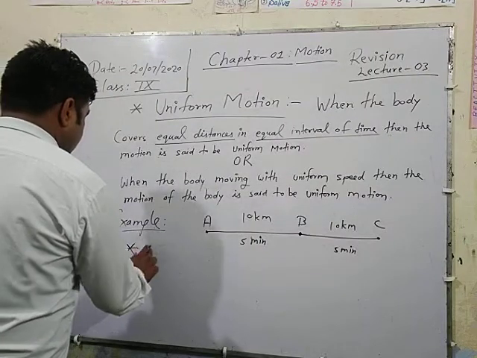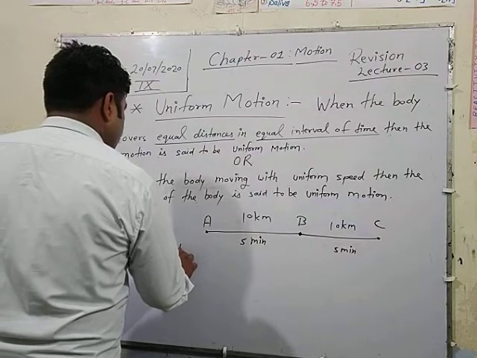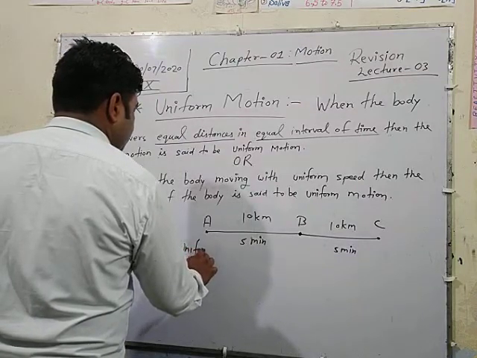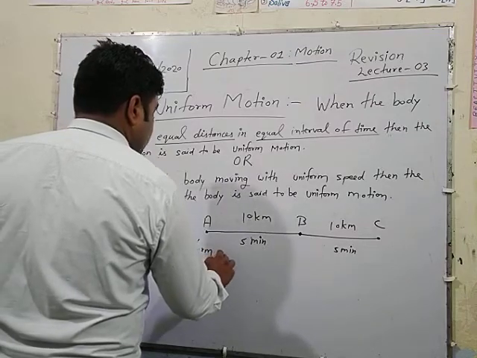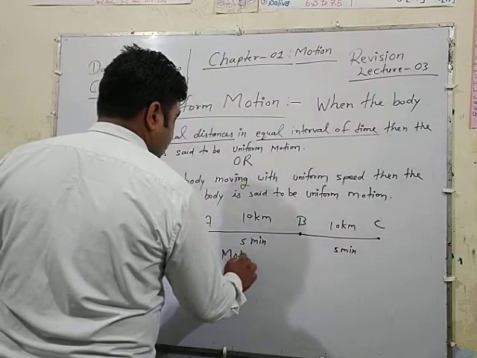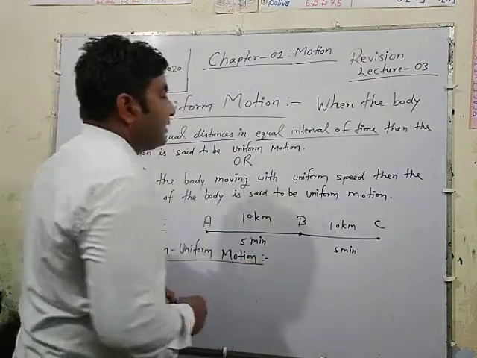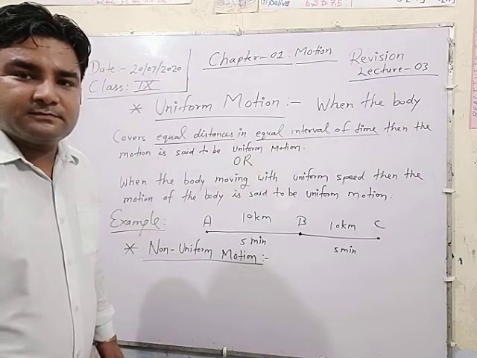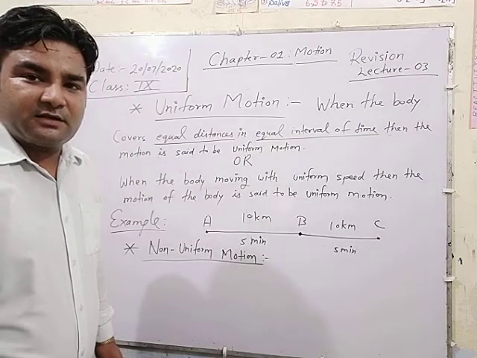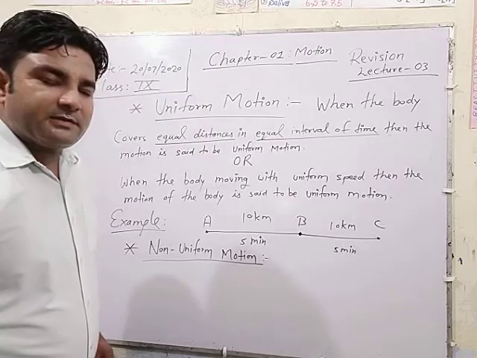Non-uniform motion. Simple definition: when the body does not cover equal distance in equal interval of time.